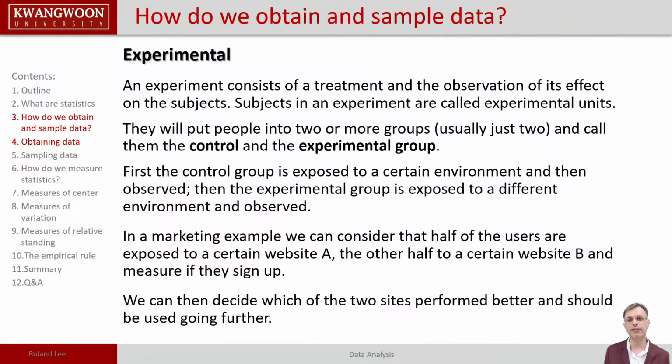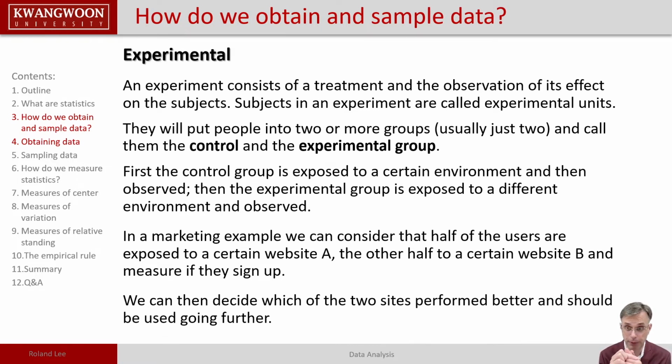An experiment consists of a treatment and the observation of its effect on the subject. Subjects in the experiment are called experimental units. This is usually how most scientific labs collect data. They will put people into two or more groups, so usually just two, and we can call them the control and the experimental group.